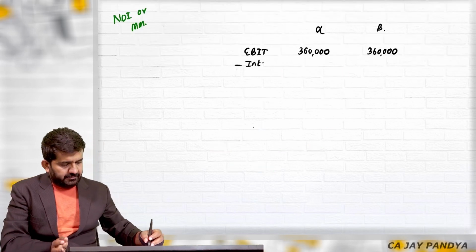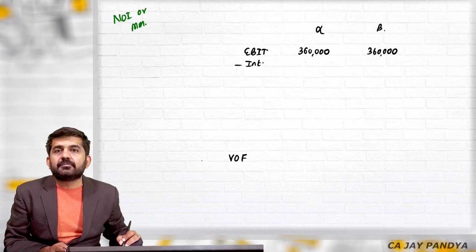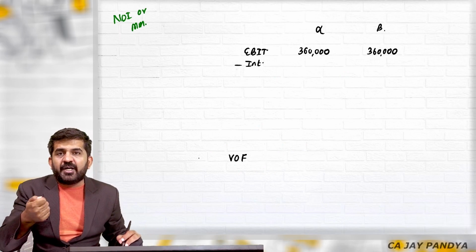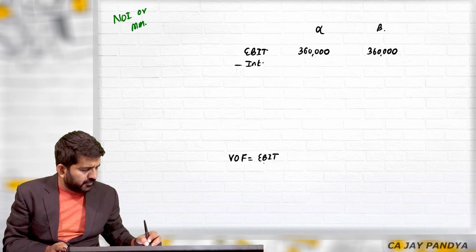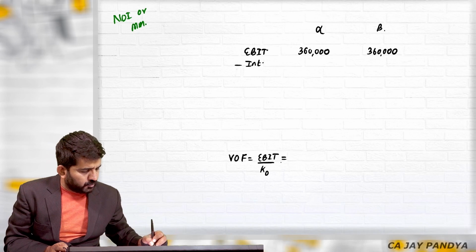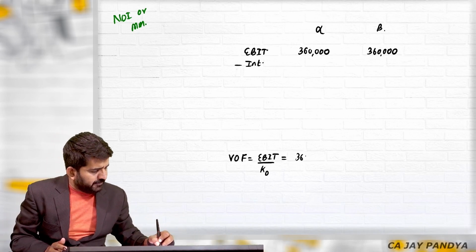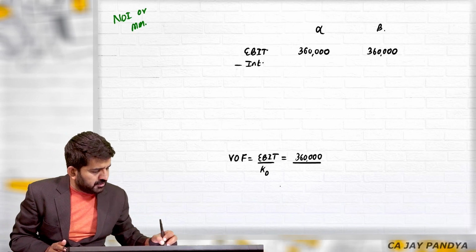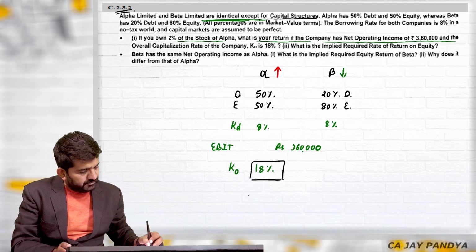How do we understand? I can find out the value of a firm. How to find out the value of a firm? I can do EBIT upon KO. This is one of the formulas for finding out the value of the firm. EBIT is 3,60,000 divided by KO, which is available, 18%.